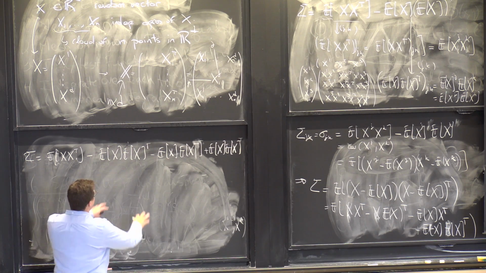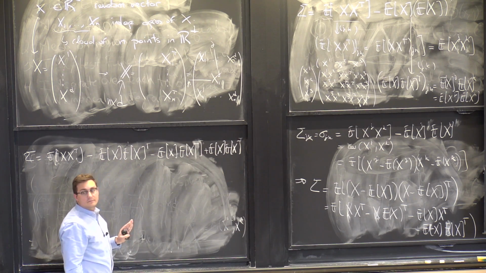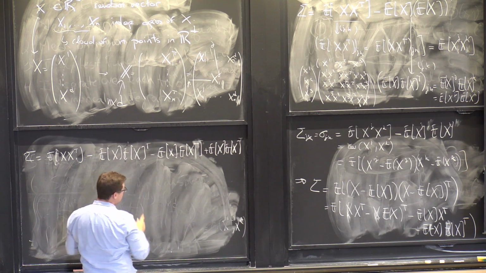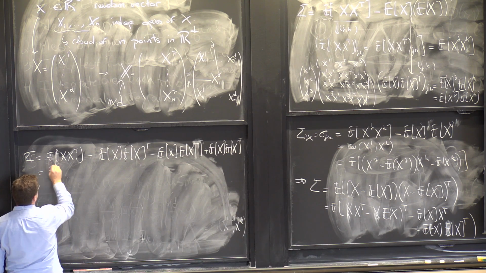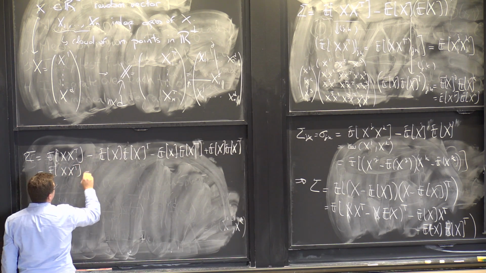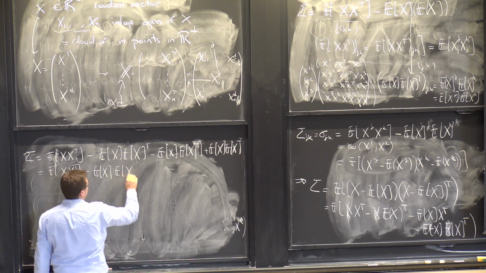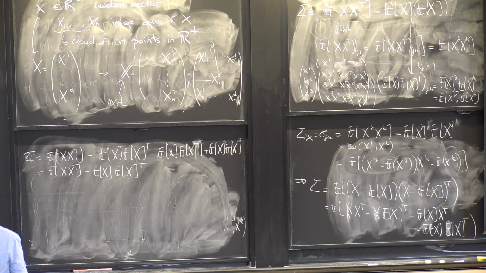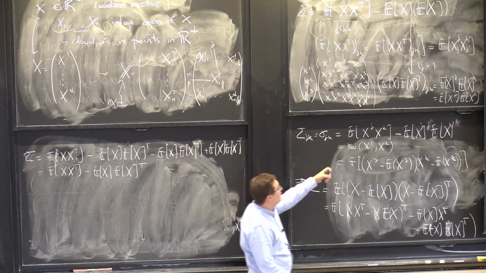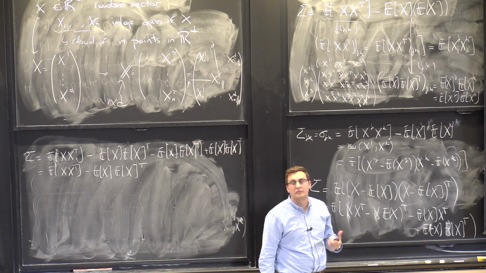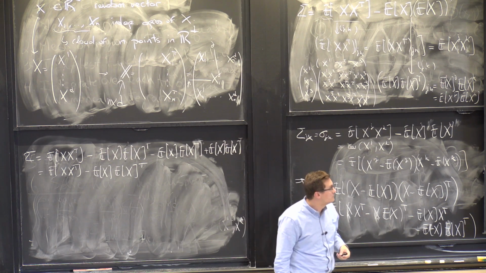And now those three terms are equal to each other, just because the expectation of x transpose is the same as the expectation of x transpose. So what I'm left with is just the expectation of x x transpose minus the expectation of x times the expectation of x transpose. Okay? The same thing happens when you want to prove that you can write the covariance either this way or that way. The same thing happens for vectors, for the covariance matrix.